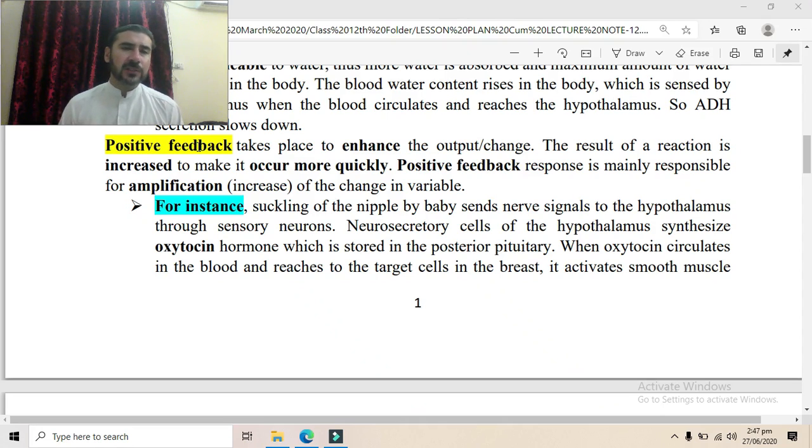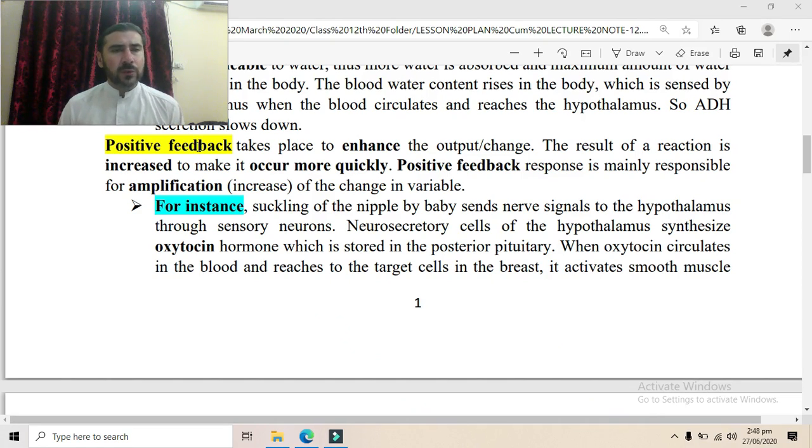The hypothalamus contains neurosecretory cells which produce the hormone oxytocin. That oxytocin hormone is stored in the posterior lobe of the pituitary gland. So whenever the baby suckles, the stimulus is transmitted to the hypothalamus. The hypothalamus orders the posterior pituitary lobe, from which the oxytocin hormone is released.